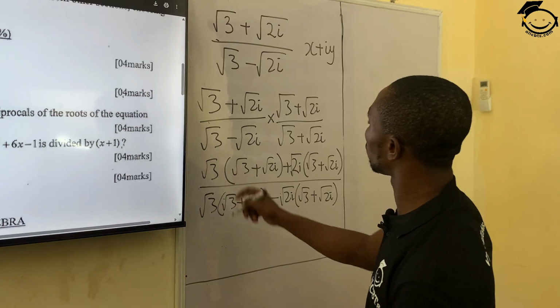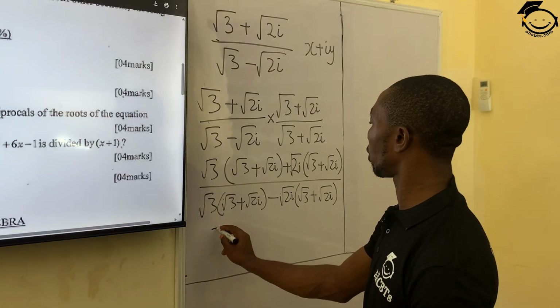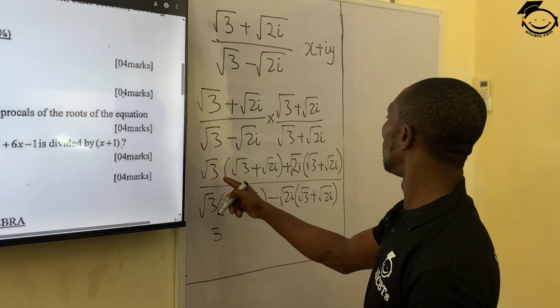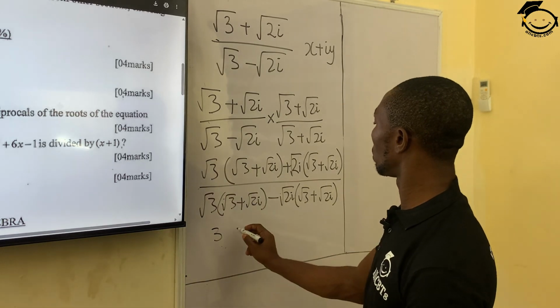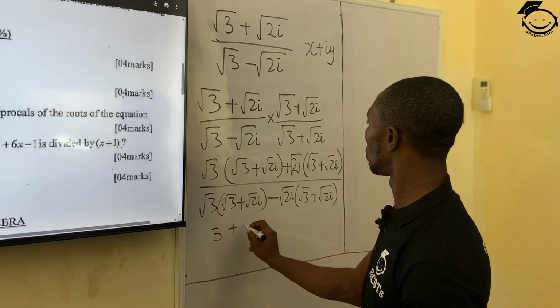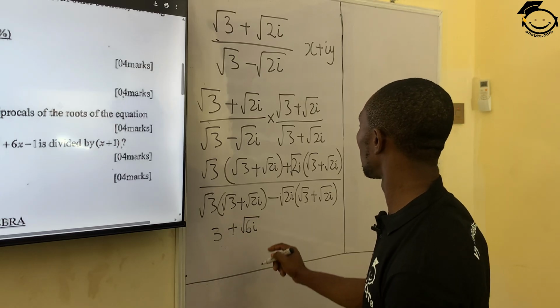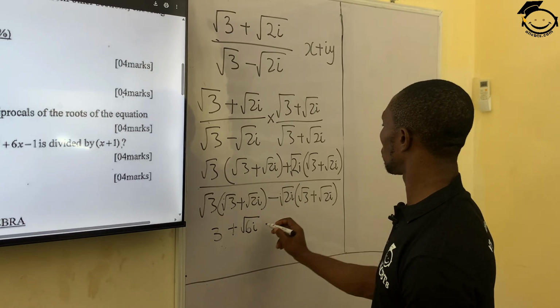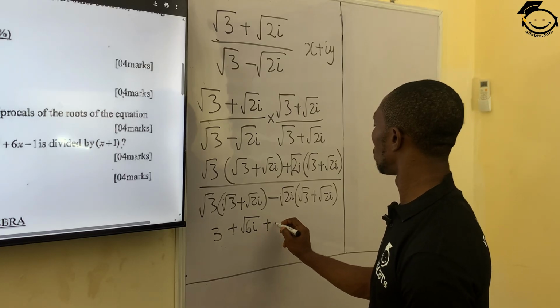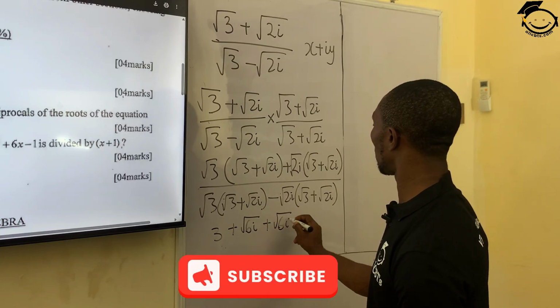Now, root 3 times root 3 will give us 3. Root 3 times this will give us plus root 6i. This times this will give us plus root 6i.